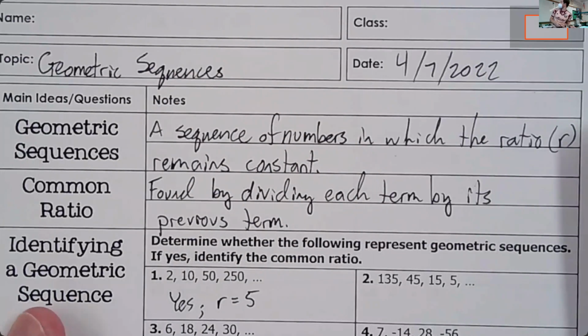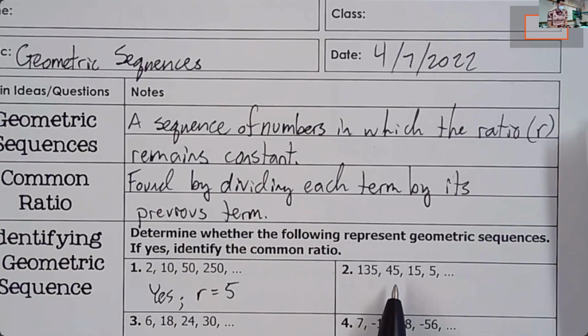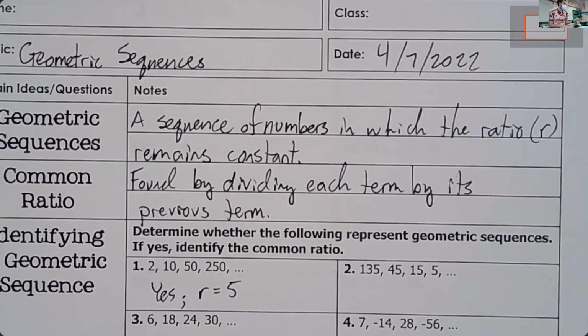So for number 2, we're going to do the same thing. You don't start with the first number, you always start with the second one. So you're going to take 45, and you're going to divide it by 135. Which gives us 0.3 repeating, right? If you type that in on your calculator, and this is what our calculators are mostly going to be used for today, is this and using the formula that we see later.